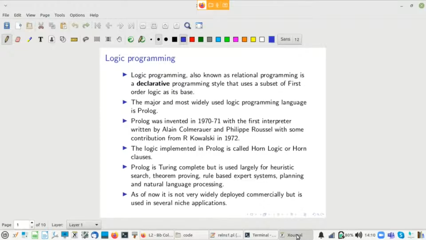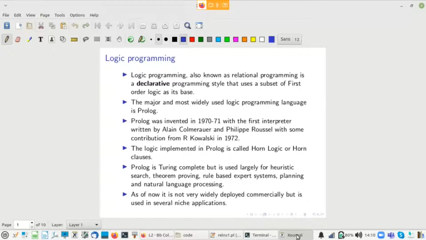We'll see several examples of how logic programming can be used to describe task domains and to solve problems in different task domains. Okay, so let's start with this today. This will also help you to learn Prolog, which is the major logic programming language, right?